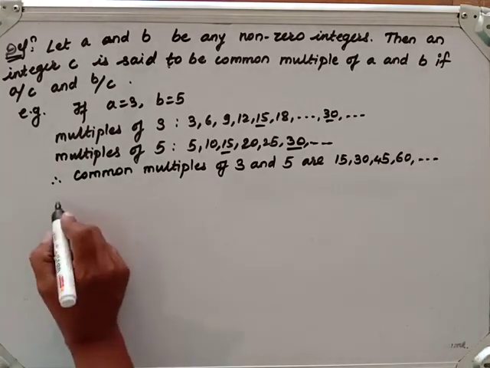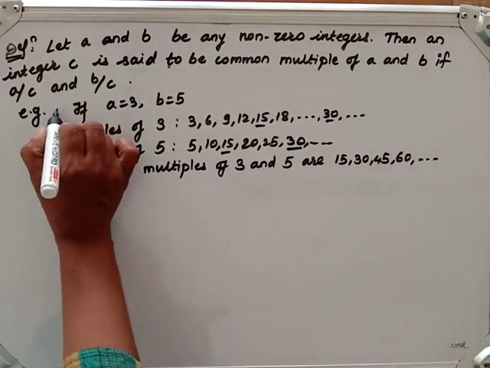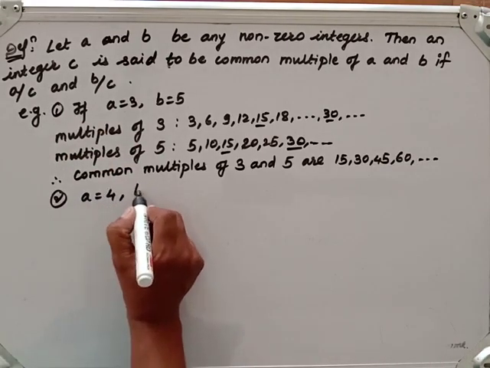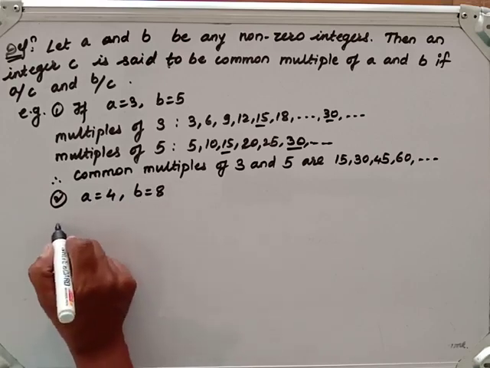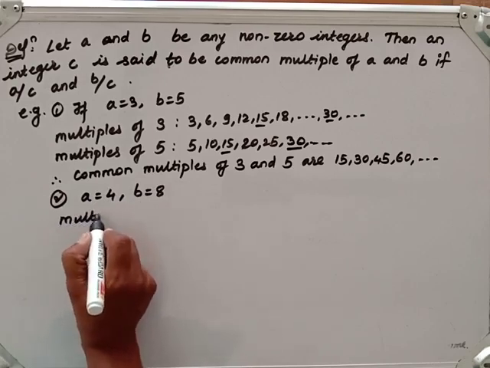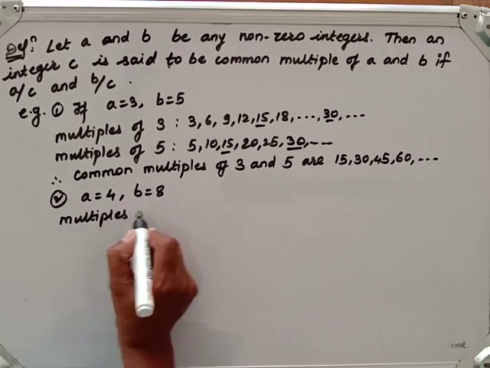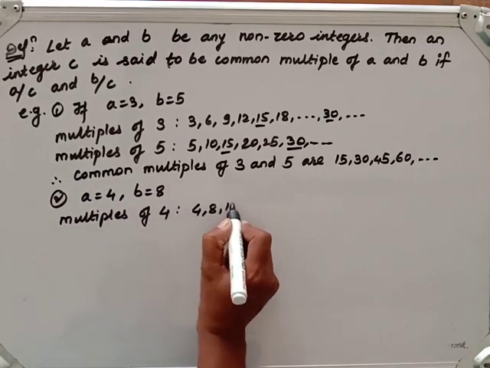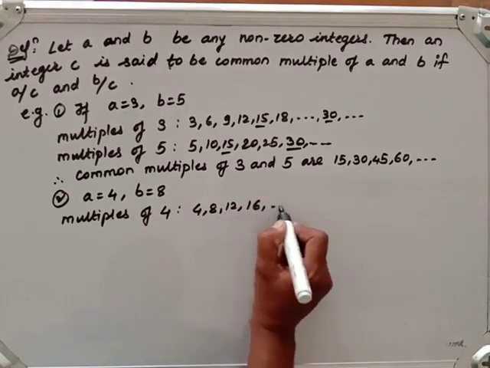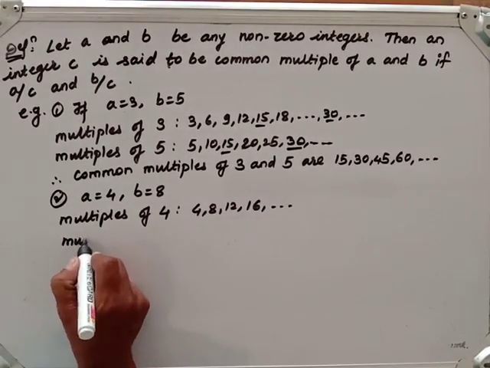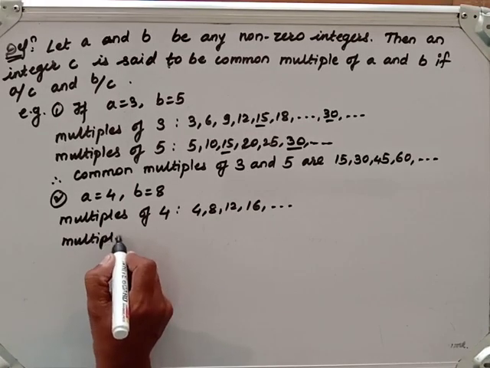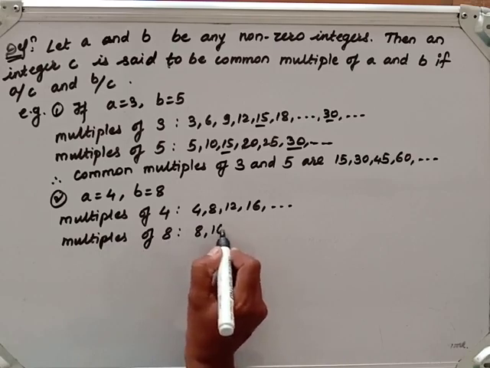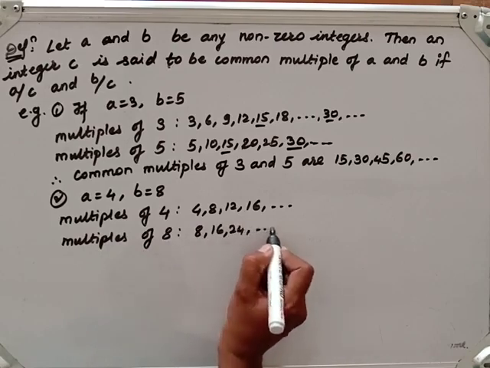Fine. Now let us take a second example: A is equal to 4, B is equal to 8. Multiples of 4 are 4, 8, 12, 16 and so on. Multiples of 8 are 8, 16, 24 and so on.